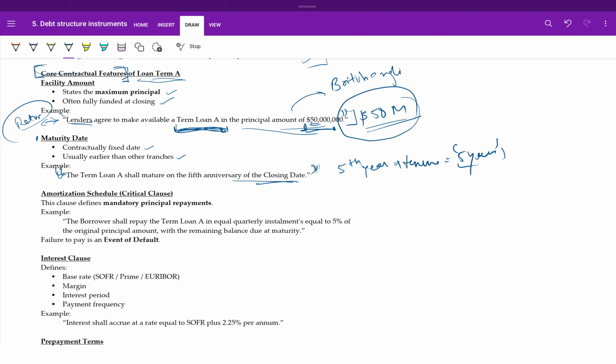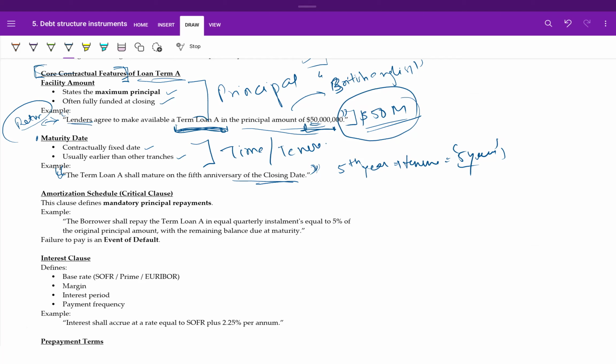So these are fashioned in British English. Okay, and after the facility amount and the maturity date, we have decided this is representing principal, and this is representing time or tenure.